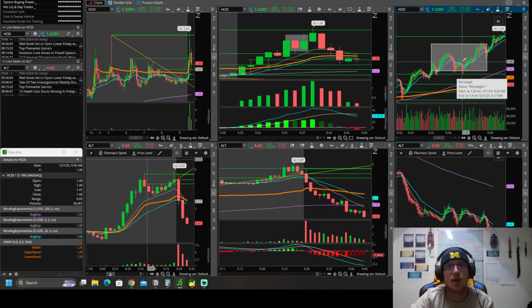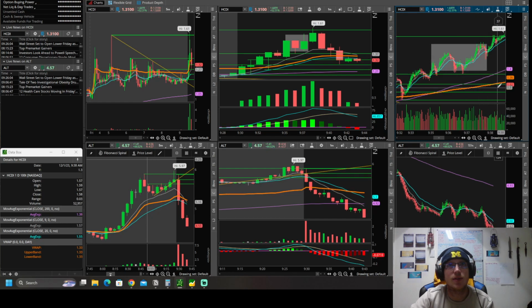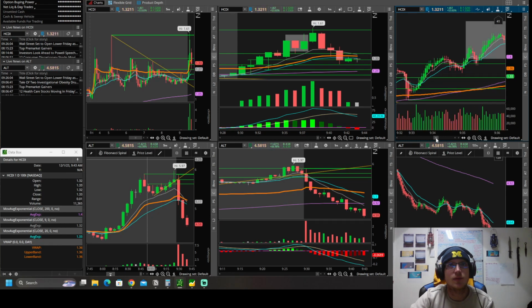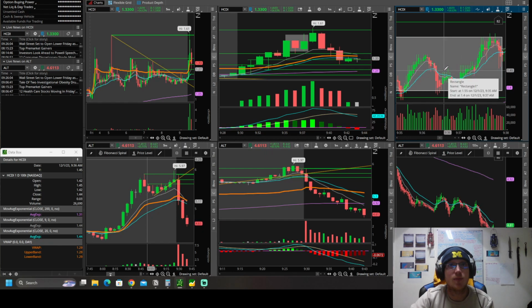Flush, bounce, ignore the first one, didn't get a second one. But if it holds over the pivot point, that could be an entry.